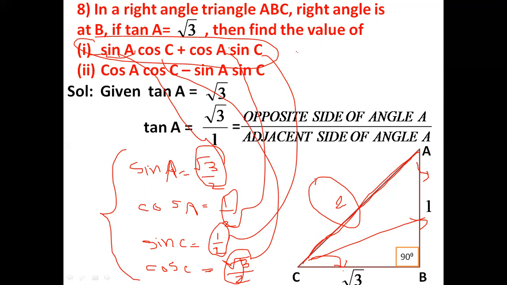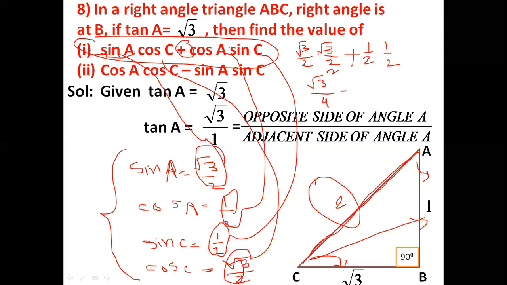Here I am writing sin A is root 3 by 2, into cos C, root 3 by 2. Plus cos A, 1 by 2, into sin C, also 1 by 2. So root 3 into root 3 is root 3 square, by 2 into 2, 4.